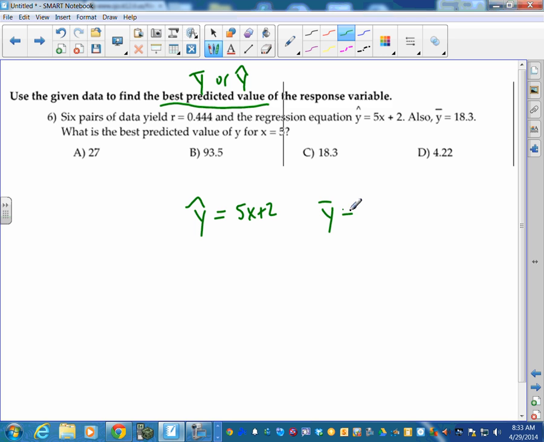Y bar equals... Turn your book open. Page 760. So, are you going to use 5 times 5 plus 2, Y hat equals 27, or you're going to use Y bar as 18.3? How do you tell which one to use?